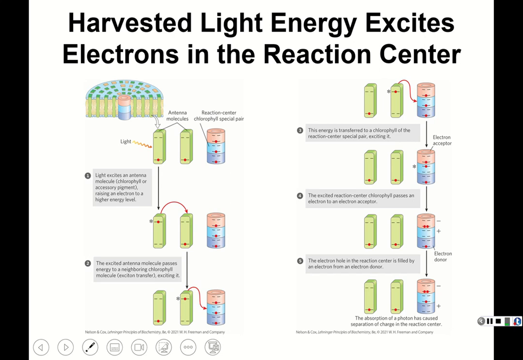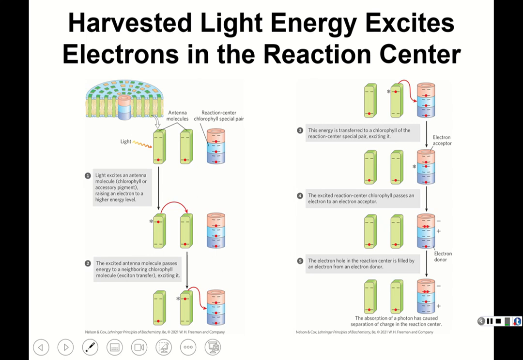And if you do that enough, this excited antenna molecule, again, can drop back down. By doing so, it excites an electron in this reaction center. Right? And do you need to know all these separate steps and details? No, you don't. Just know the overall process.